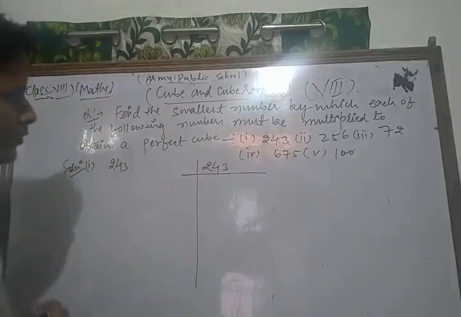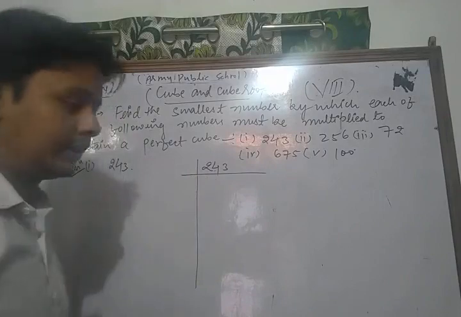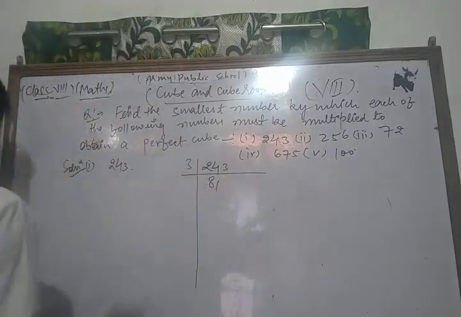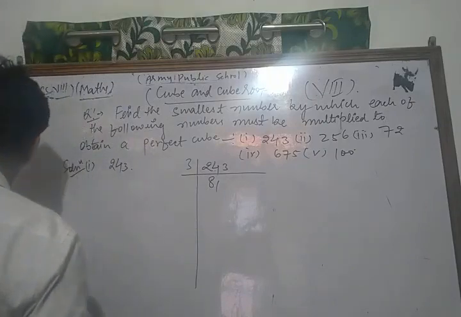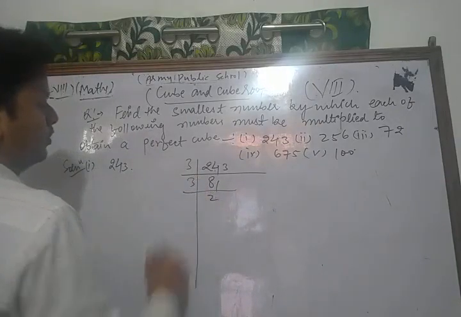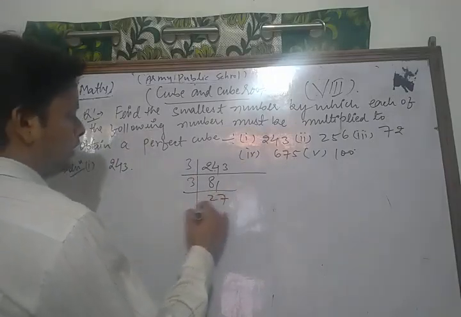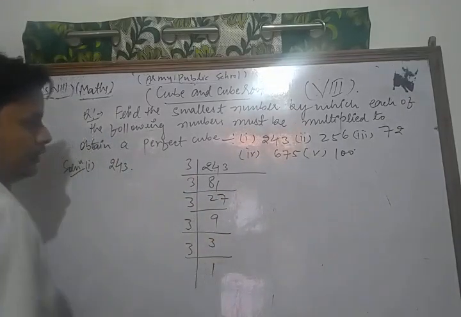Divide by 3: 3 times 8 is 24, and 3 times 1 is 3, so we get 81. Again by 3, we get 27. Then 3 times 9 is 27, 3 times 3 is 9, and 3 times 1 is 3.